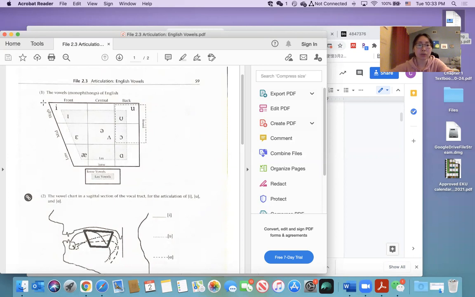The first descriptor is tongue height. If you look at the chart and try to produce the vowel sounds ee, ay, and ah, you could see that your jaw moves from a higher position to a much lower position, right?